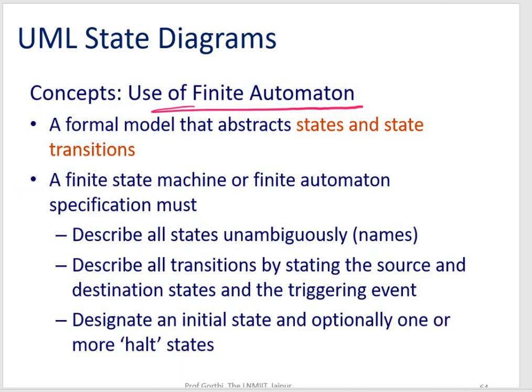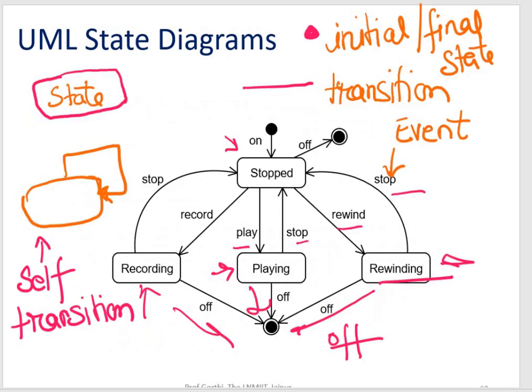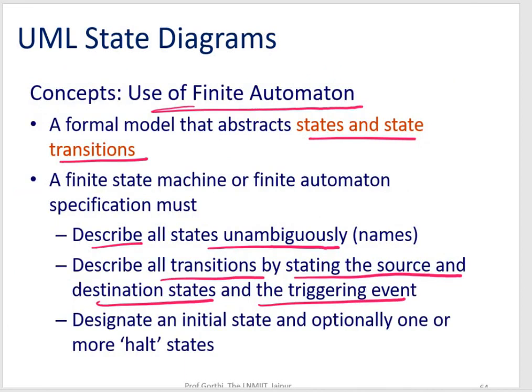Right, this is the state. And then if I see any state with this self arrow, this is called your self transition.